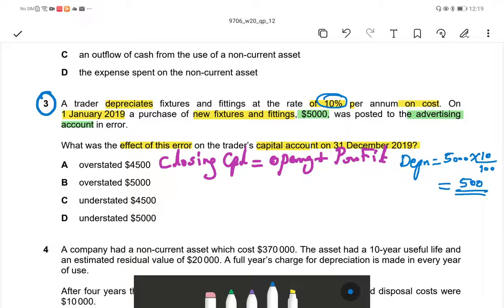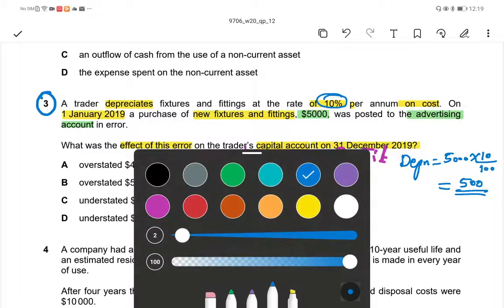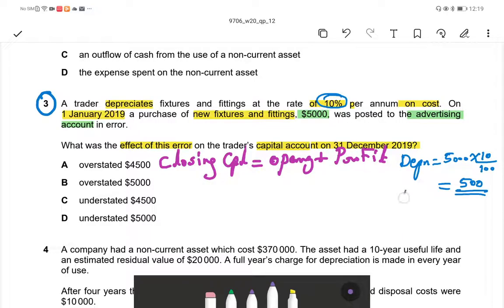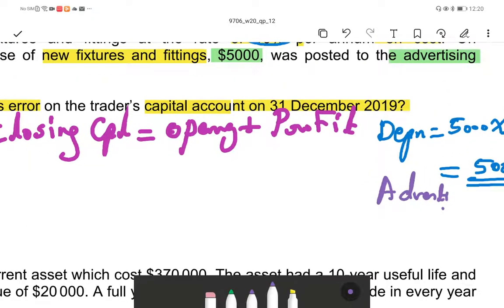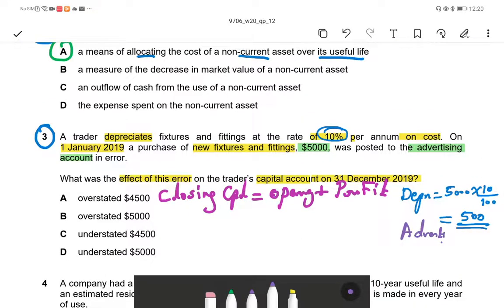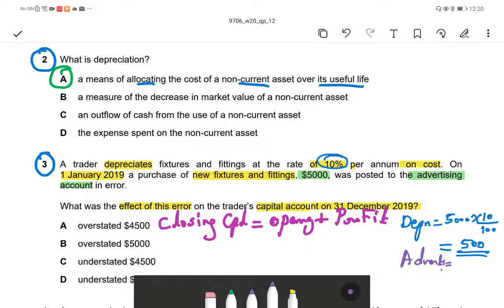Instead, the full amount went to the advertisement account.